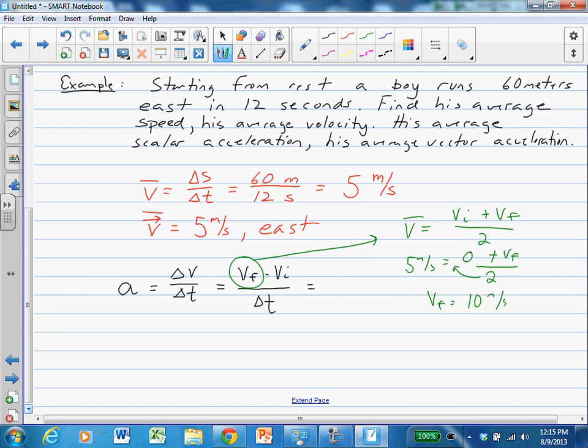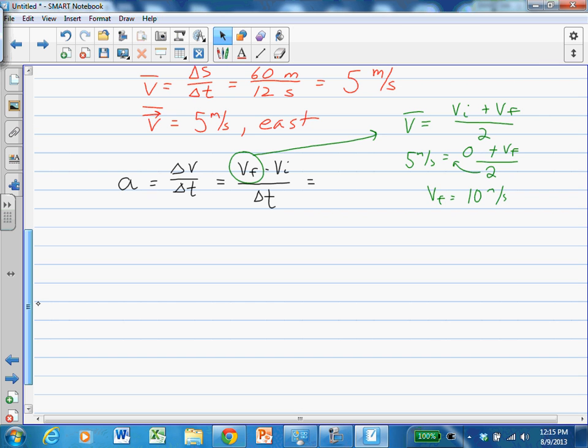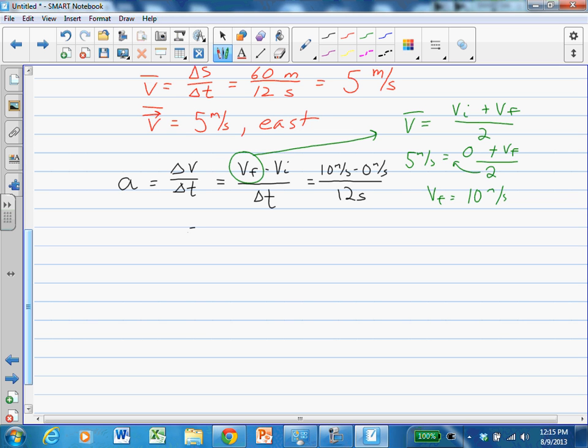So back over here, we can now finish our problem, which would be 10 meters per second minus 0 meters per second over 12 seconds, or 0.83 meters per second squared.